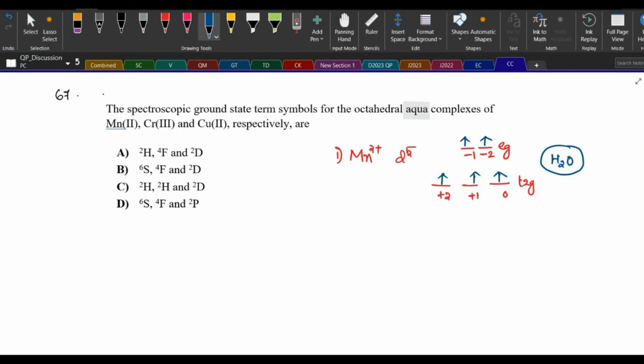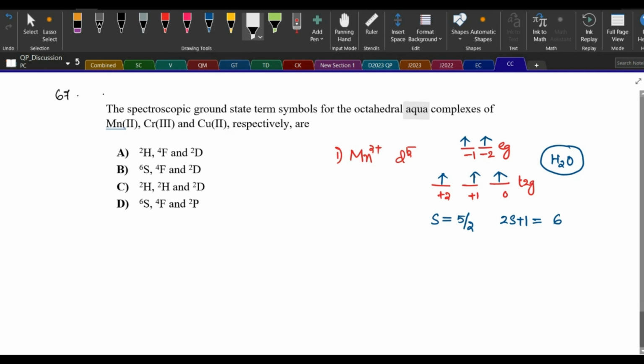First, find the value of S. What is the value of S? You have 5 unpaired electrons. For one unpaired electron the S value is 1/2. So you have 5 of them, so it is 5/2. Spin multiplicity is 2S plus 1, which is 2 into 5/2 plus 1, 6. Right? What is the L value?